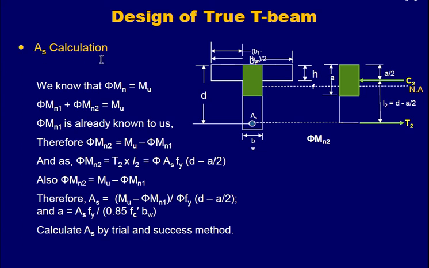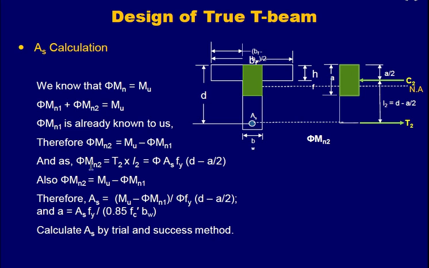For the As calculation, we know that phi Mn is equal to Mu. Now Mu is equal to phi Mn1 plus phi Mn2, as there are two moment capacities. We already know phi Mn1 because we know hf and we know ASF. Therefore, phi Mn2 is equal to this demand minus this one, so we will get phi Mn2.